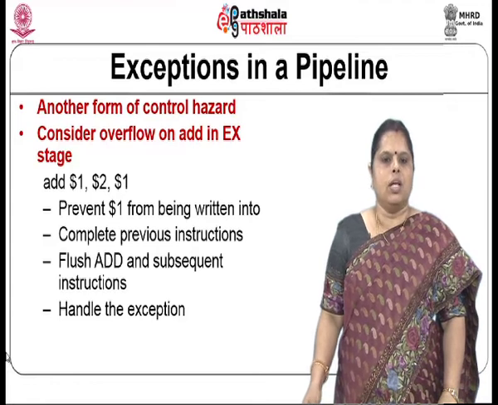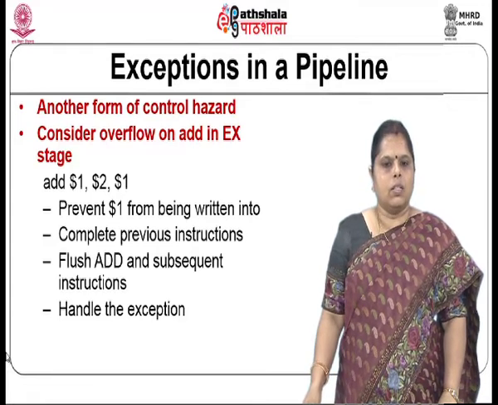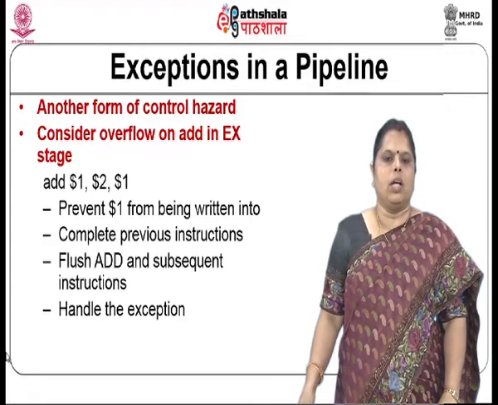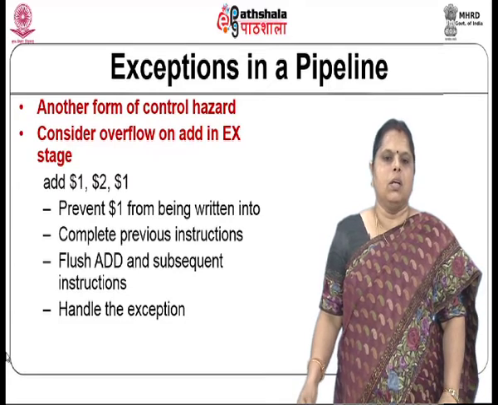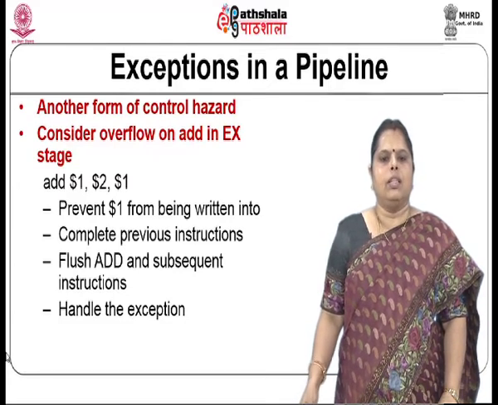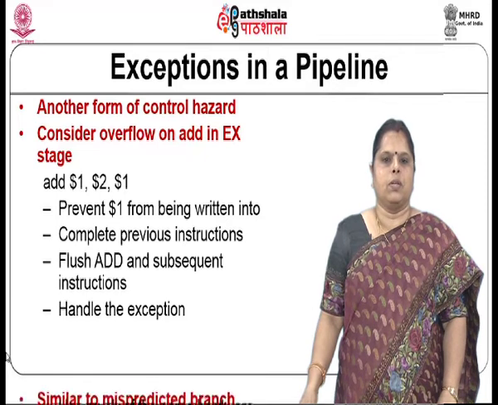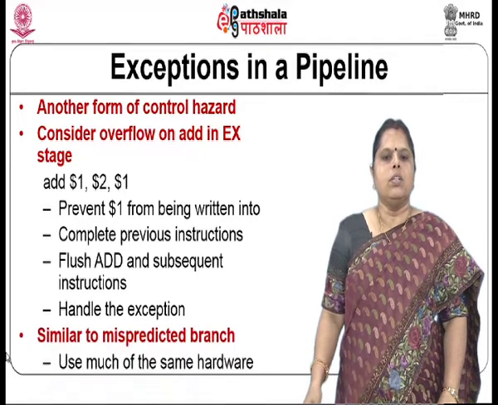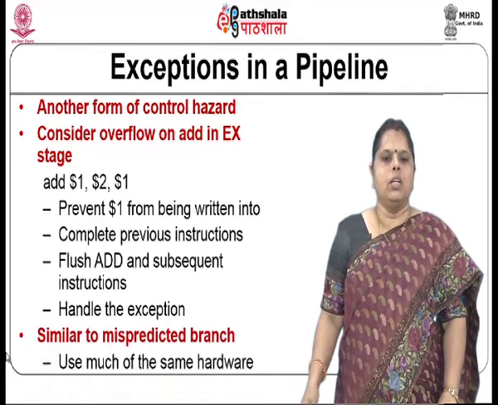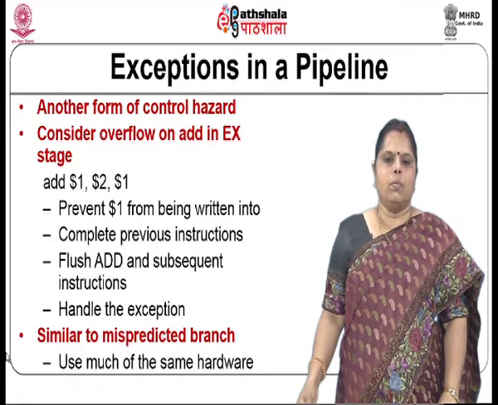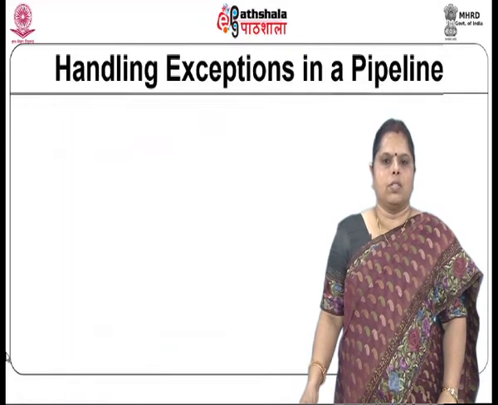You should flush the add instruction, and the subsequent instructions following it will also have to be flushed, and then you will handle the exception. So, it is similar to a mispredicted branch, and we basically use the same type of hardware to handle exceptions.